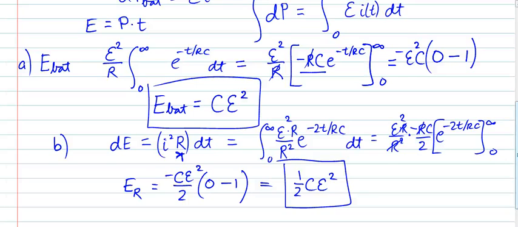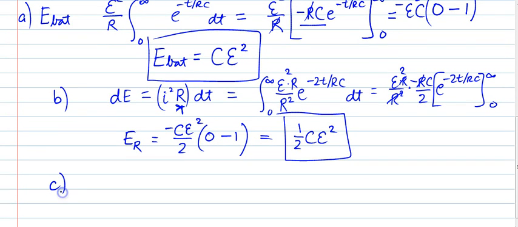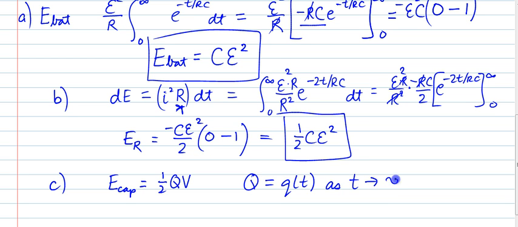Now in part C, we know that the energy stored in a capacitor is equal to 1/2 QV. That's an equation I plucked from way back in chapter 24. But we also know that Q is actually a function of time. It's the charge as time goes to infinity.